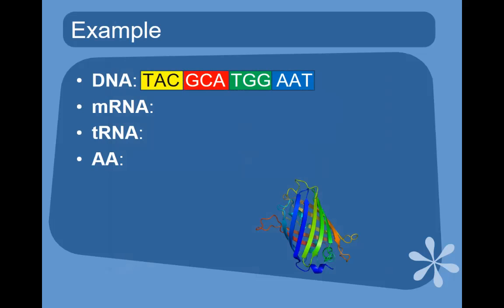Okay, and I want you to be able to use those triplets to convert it into mRNA, tRNA, and then ultimately amino acids. Now, when you're doing this, remember you're going to need your codon wheel to get your amino acids. And remember what that term codon means. Okay, what is a codon? And what does that mean you're going to use to get your amino acid sequence?